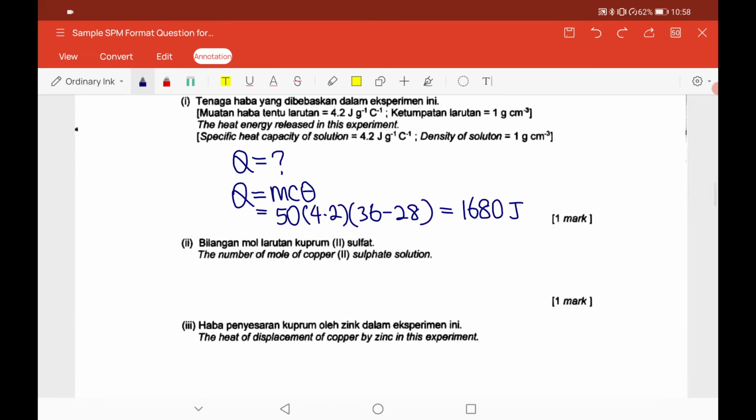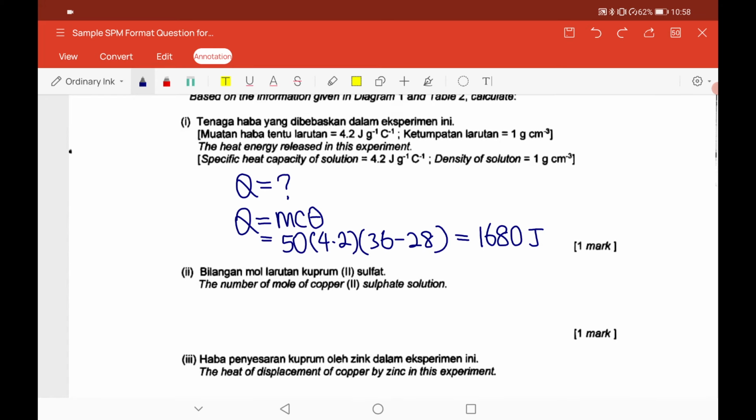So next one, we want to find the mole for copper 2 sulfate solution. How to find the mole of copper 2 sulfate solution? Which formula will we use? n equals MV over 1000. This is the formula to find the mole of solution.